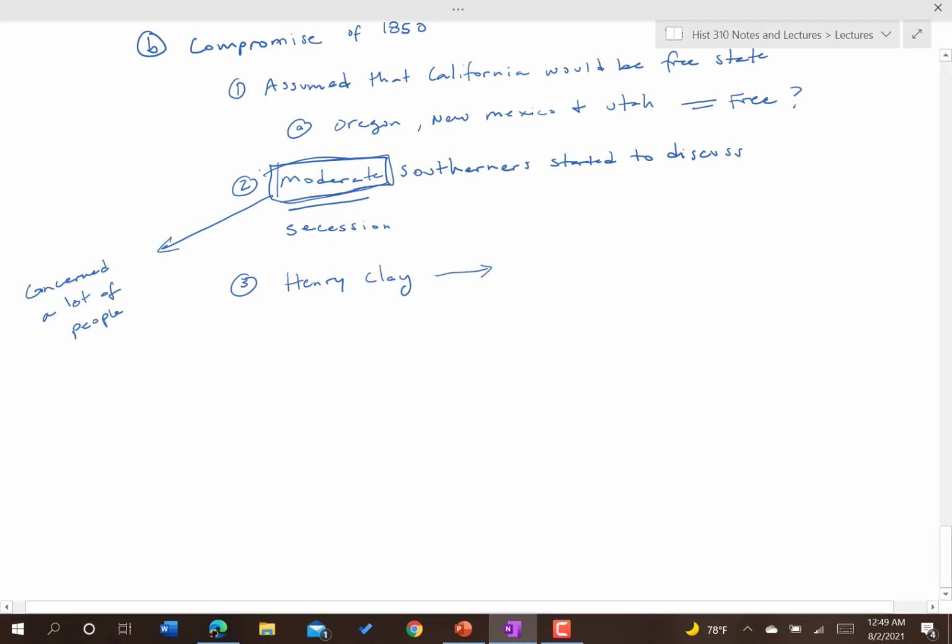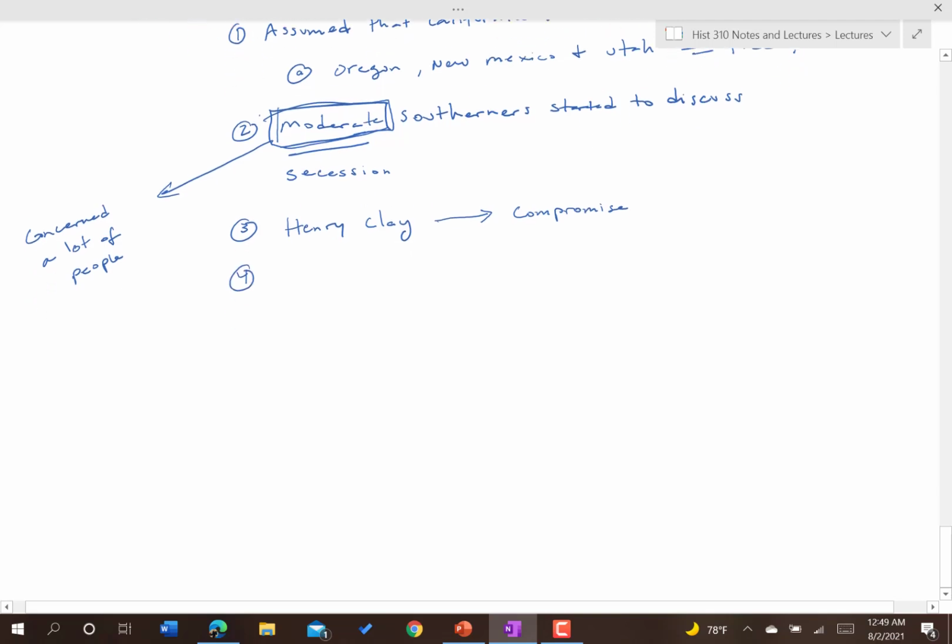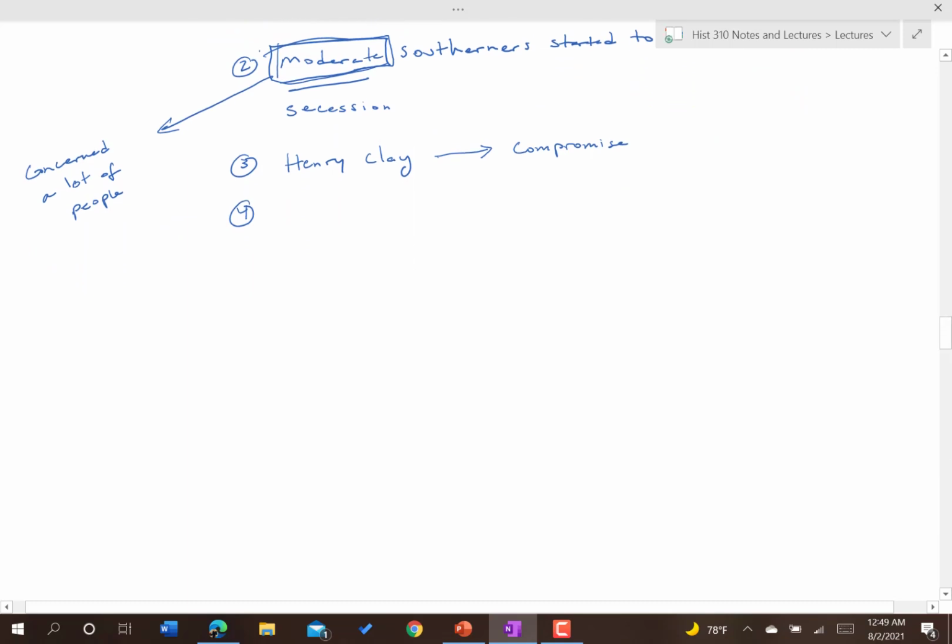Right, Henry Clay was huge on this idea of compromise, and so he spearheaded and led the discussions and decisions for the Compromise of 1850. Ultimately, it was a Band-Aid. It didn't fix anything. All it did was stall. It held off things a little bit longer, but you would have ended up with the same result.